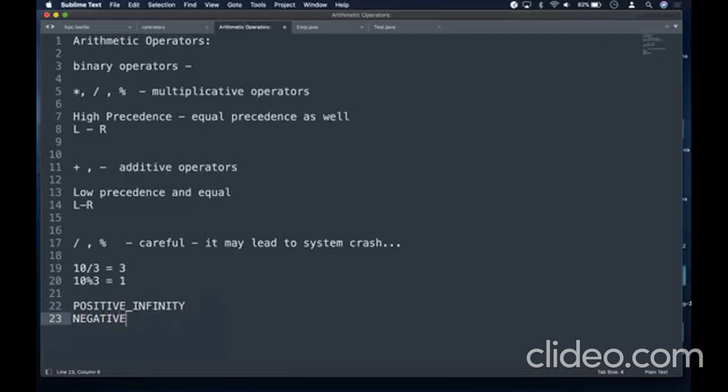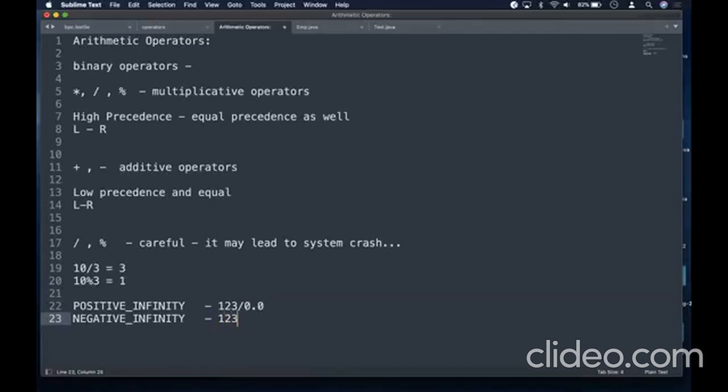So two constants are defined for infinity values if it is floating point. So when you get positive infinity, for example, 123 divided by 0.0, that is a floating point division, that is a positive infinity.